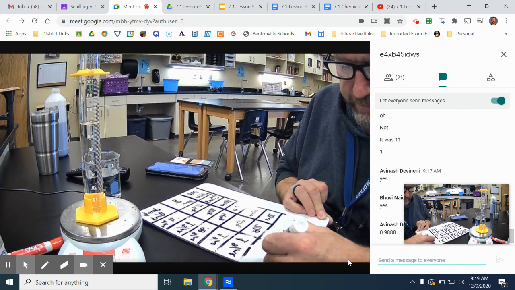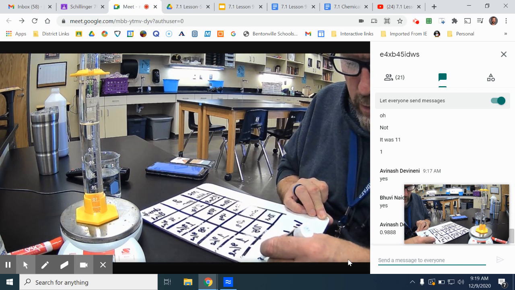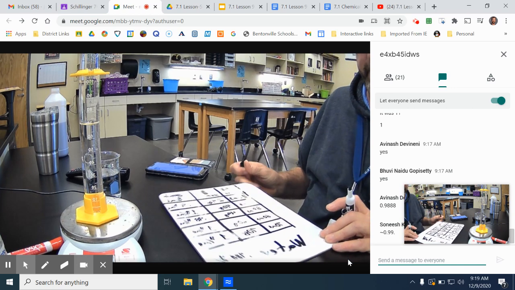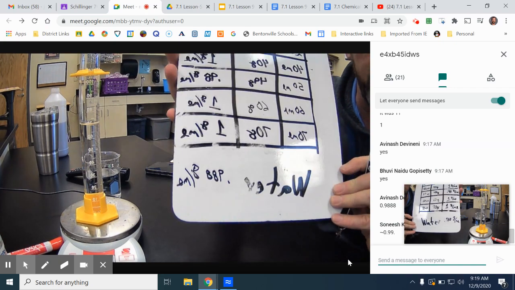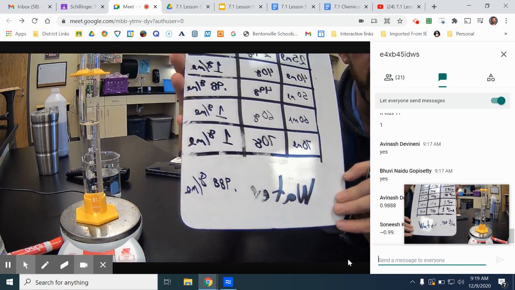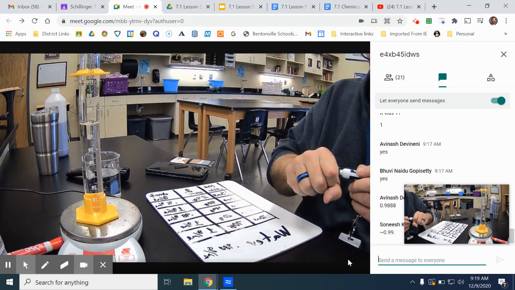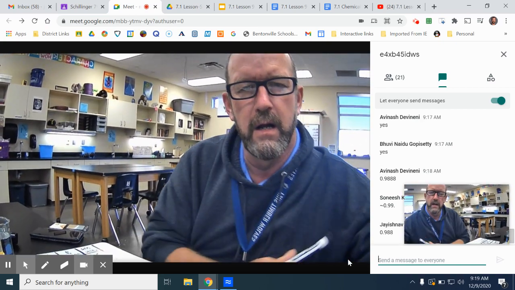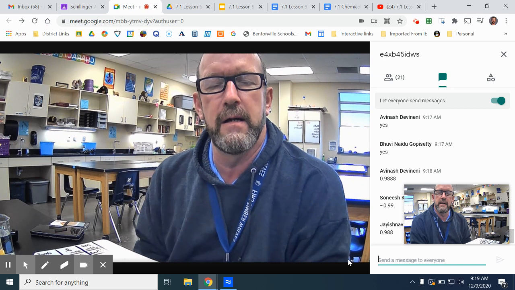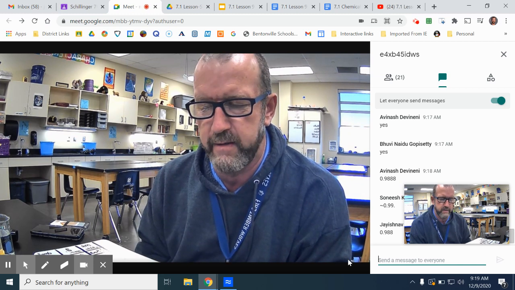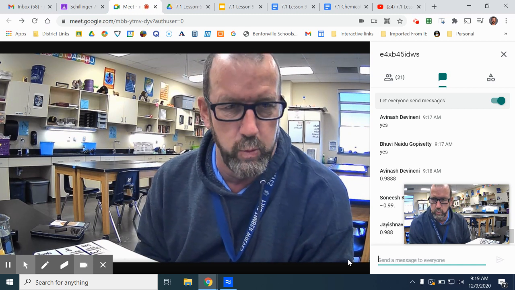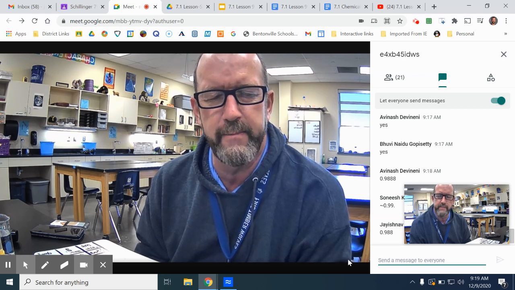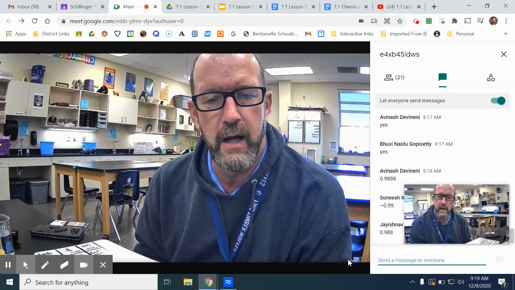Now, I don't know how many of you remember this, but when I first introduced the term density to you, the standard unit for density of water is 1. It's 1 gram per milliliter.